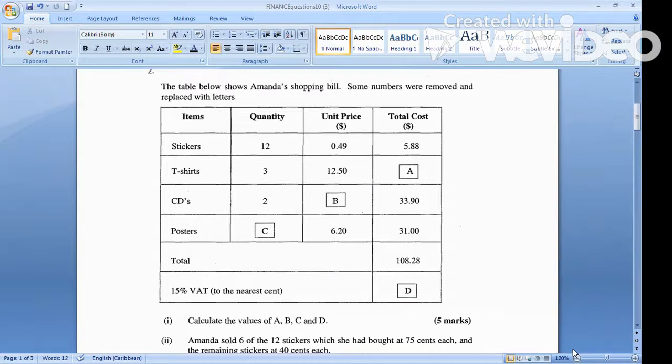That's Amanda's shopping list. Here we have the item, quantity, and the unit price. The unit price is how much for one. She bought 12 stickers, but one sticker costs $0.49. She bought 3 t-shirts, but one t-shirt is $12.50. So how do you work out A?